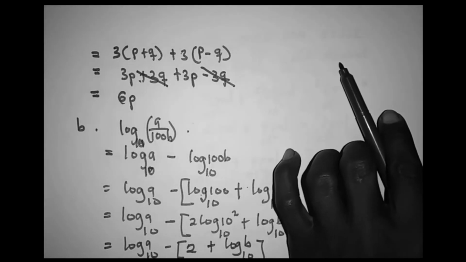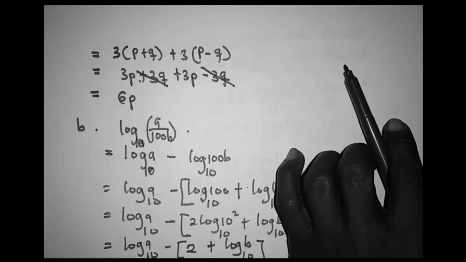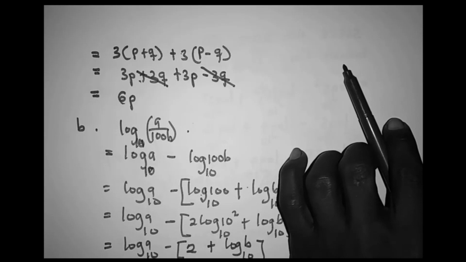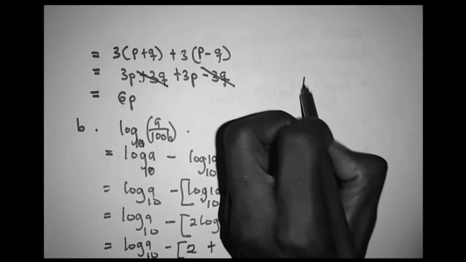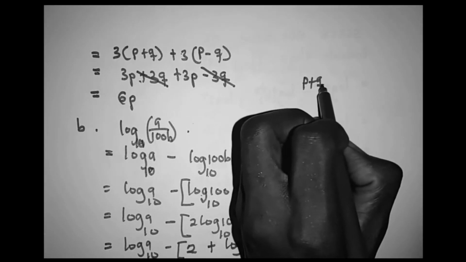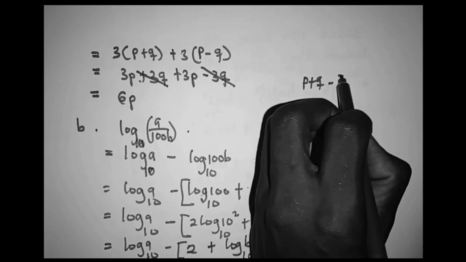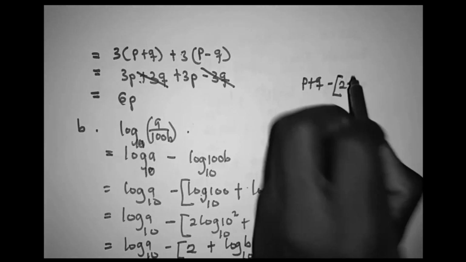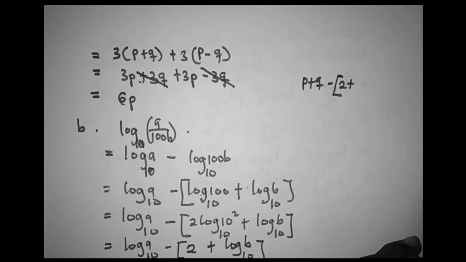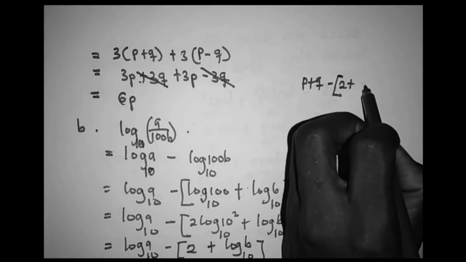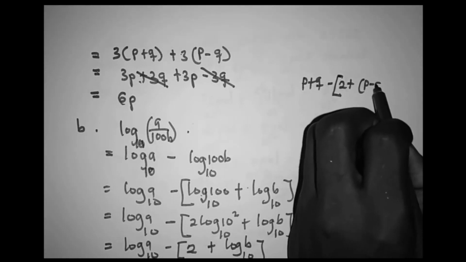So let's continue from here. Remember that from the question, log A base 10 is P plus Q. So this becomes P plus Q, then minus 2 brackets 2 plus log B base 10, which is P minus Q.